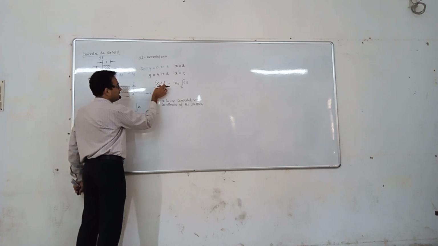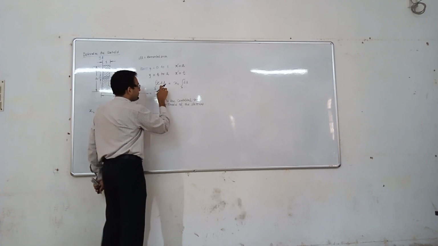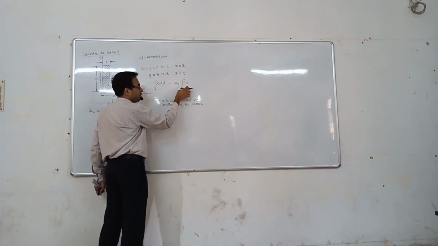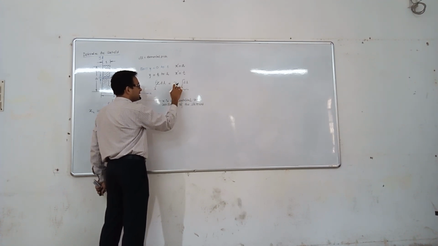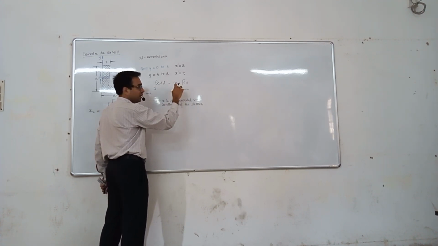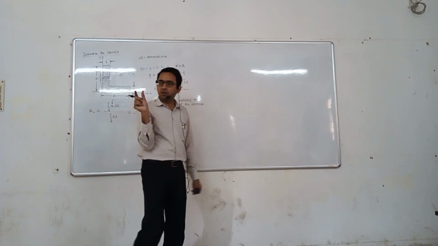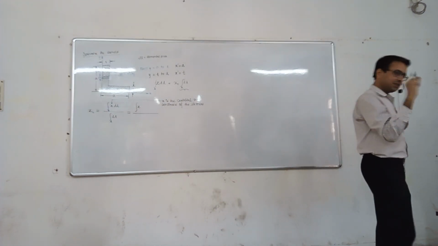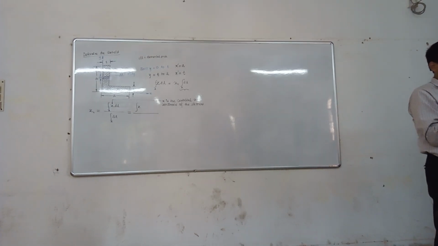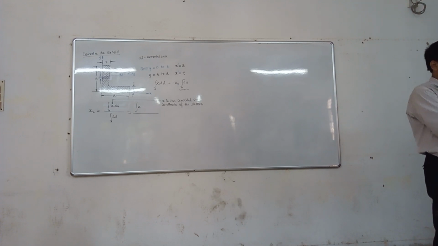So for area, this is the x and centroidal coordinate, and this is the centroidal coordinate for the whole. So you have to understand. xc is the centroidal coordinate of the whole area, and x is the centroidal coordinate of the small area. As if we are taking the small area and locating the centroidal coordinate, getting the product, summing it, and we get the centroidal coordinate multiplied by the whole area.